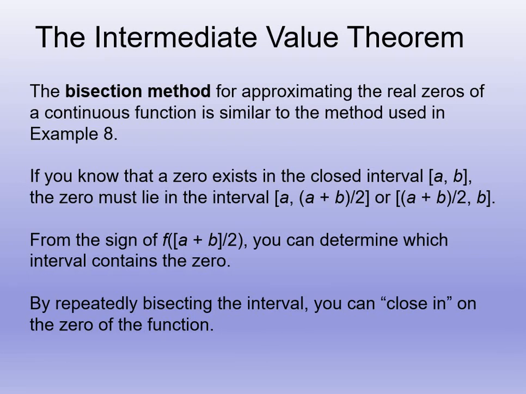So, just to recap, how do we know if a function is continuous? The value has to exist there, the limit has to exist, and the limit has to equal the value. That's telling us that the function is continuous. Very important.